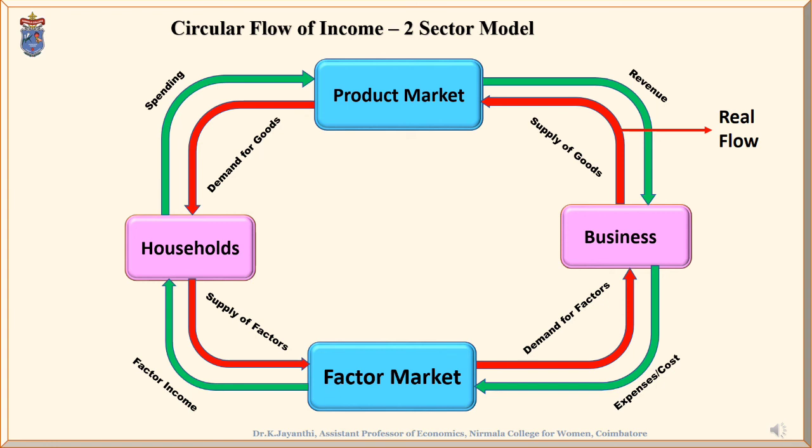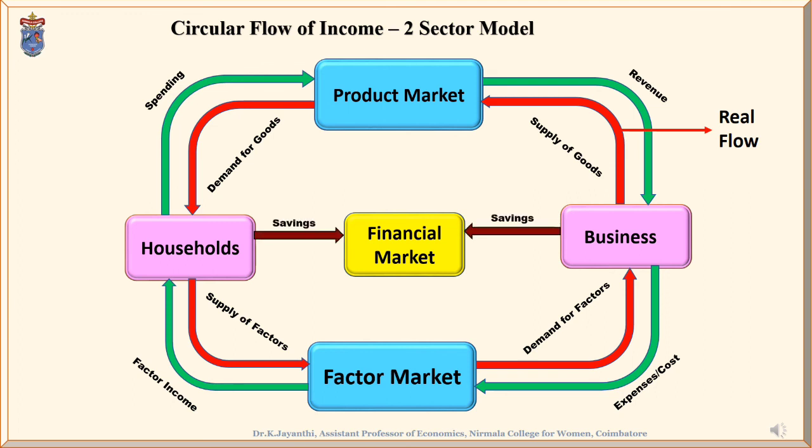Thus, savings which flow into the financial market are taken away by the business sector for investment, and the circular flow of money is maintained in the economy. In the center of the diagram, there is a financial market which shows the inflow of savings from the household sector and the business sector into the financial market.